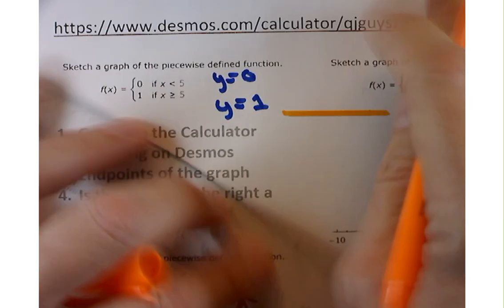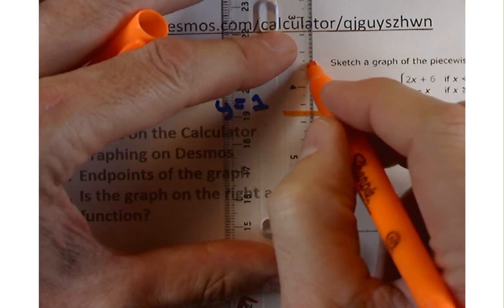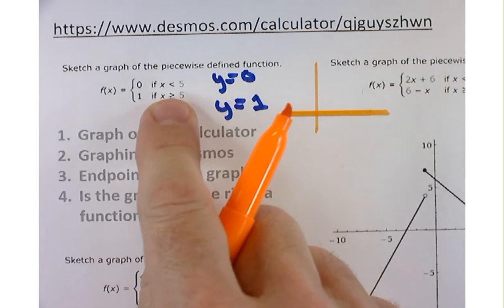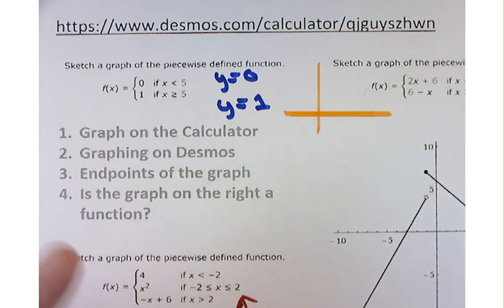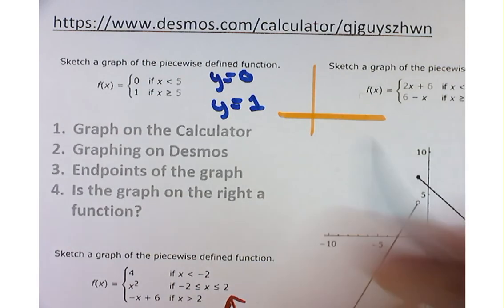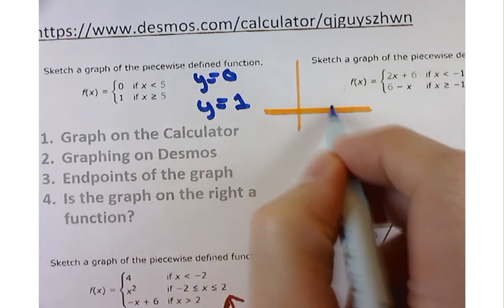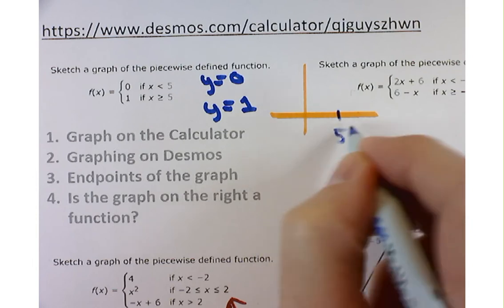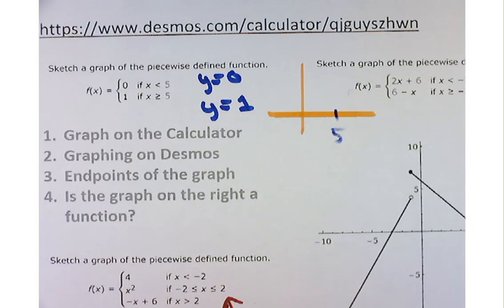Now the thing is, we're going to make a restriction on this so that I only want to graph the line y equals 0 up to the point where x equals 5. All right.